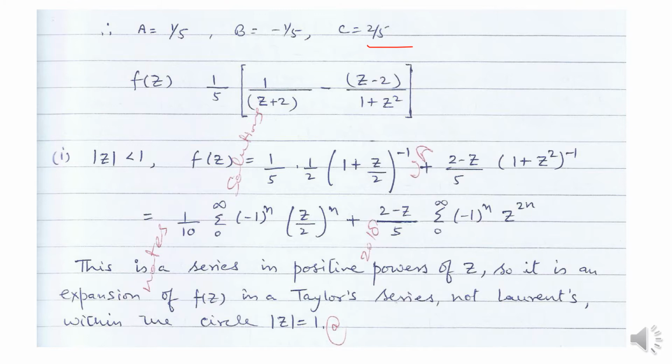When we solve these three equations we get the values of a, b, and c, which are given here. So we substitute these values in the function and we get this function which is here after partial fraction.